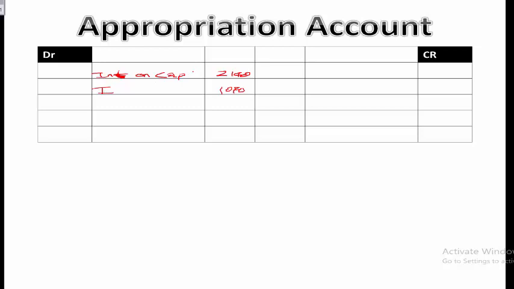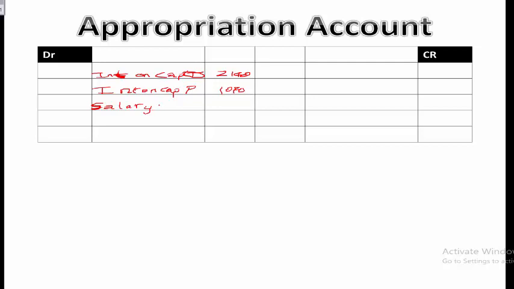For this one is T. Let me just put it in that circle, the T. So the interest on cap for P is 1,070.